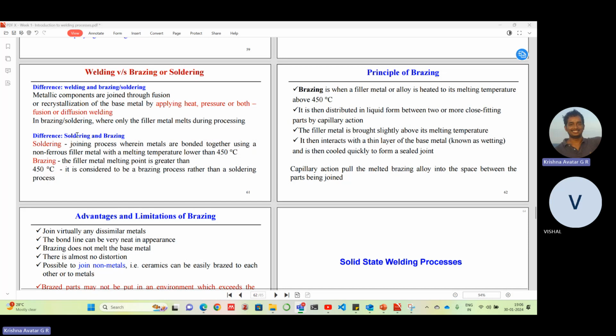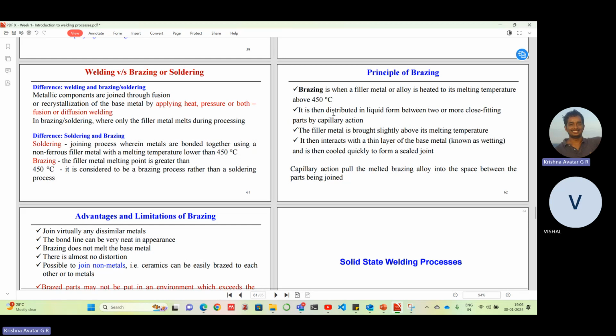And the difference between brazing and soldering is that in soldering the metals are bonded together using a non-ferrous filler material, for which the melting temperature happens to be less than 450 degrees Celsius. And in brazing, the filler material melts at higher than 450 degrees Celsius. It's considered to be a brazing process rather than a soldering process.